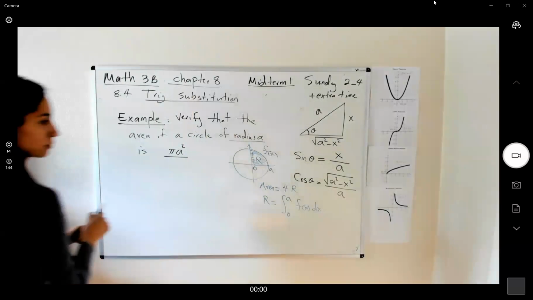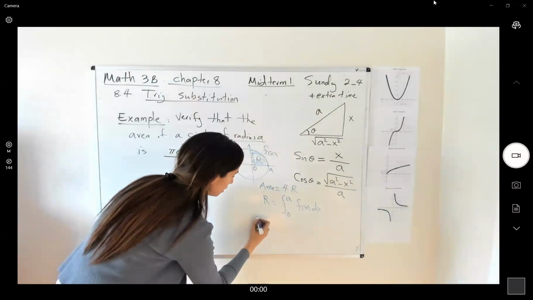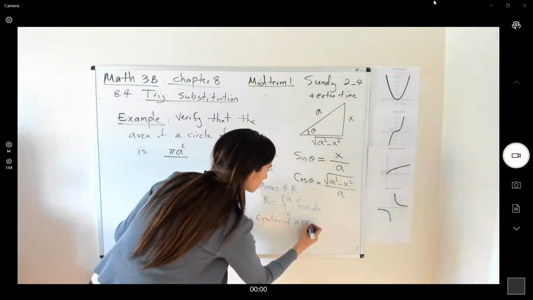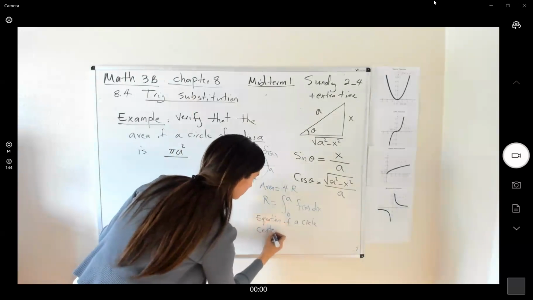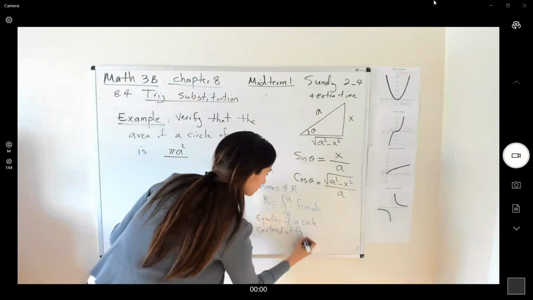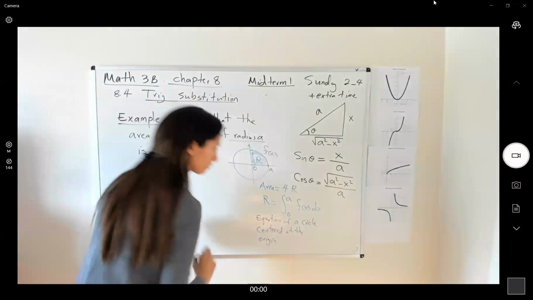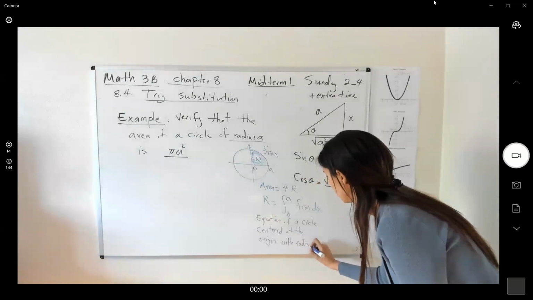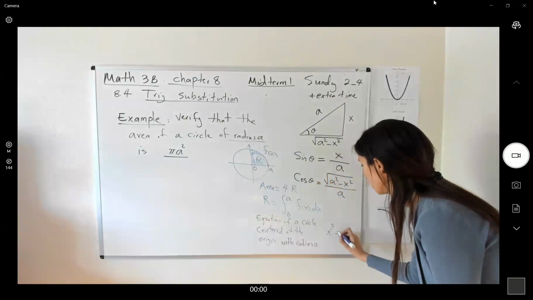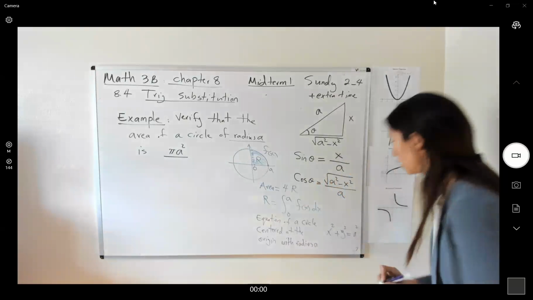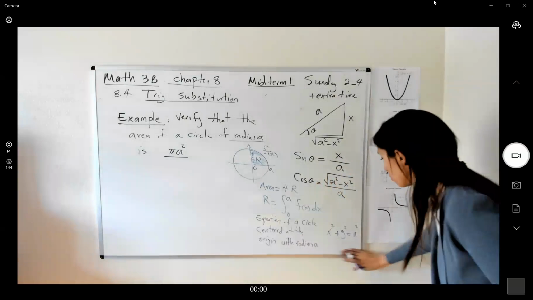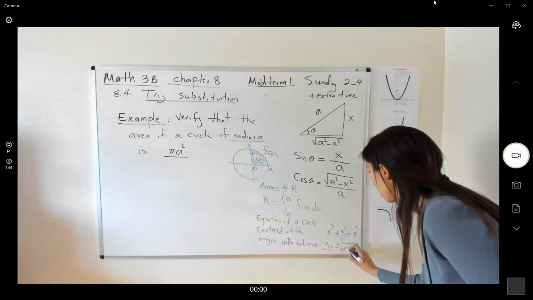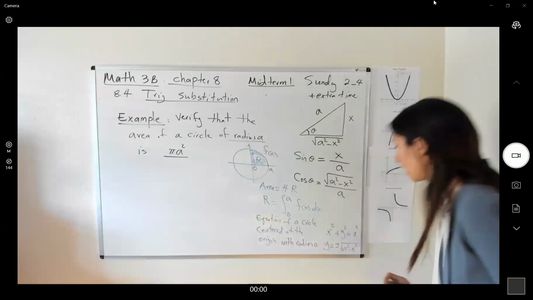So the equation of a circle centered at the origin with radius a is x squared plus y squared equals a squared. So y is equal to plus or minus the square root of a squared minus x squared.